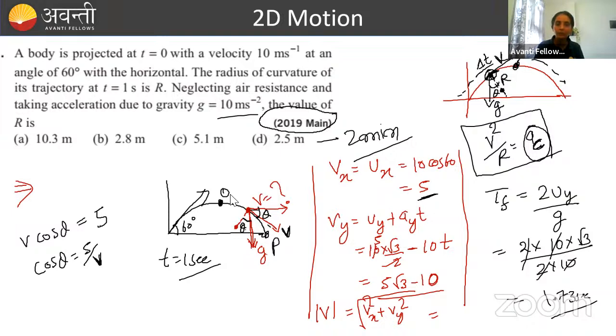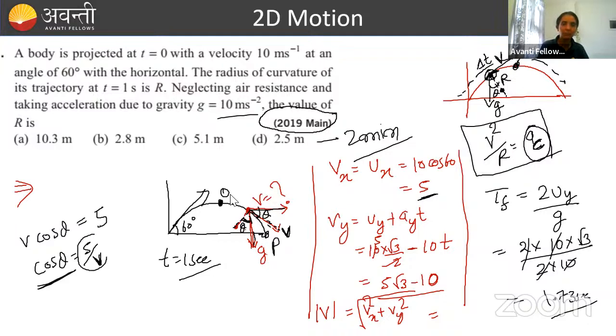Why? Because this is a horizontal line and this is tangent to the trajectory, and the angle between these two is theta. This line is perpendicular to the horizontal, and this line is perpendicular to the radial vector, right? So this angle will also become theta.